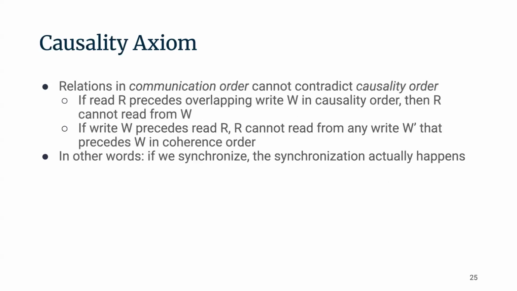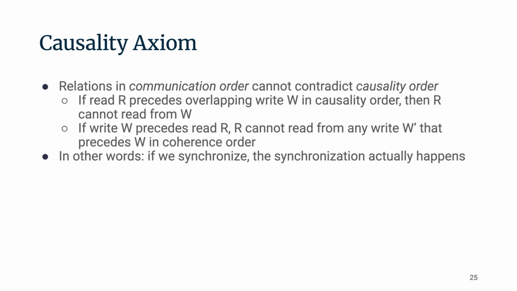The causality axiom is about making synchronization actually happen. Relations in communication order cannot contradict causality order. So if a read R precedes overlapping writes W in causality order, then R cannot read from W. Meaning that if we synchronize the reads and writes, the actual result would be as we expected, the synchronization would happen.